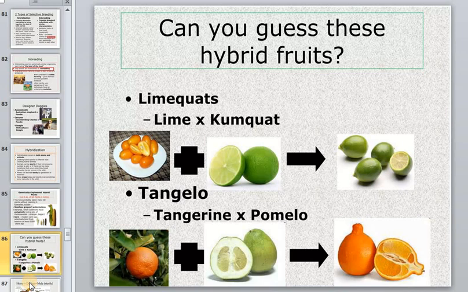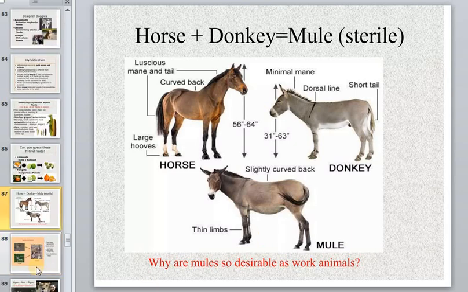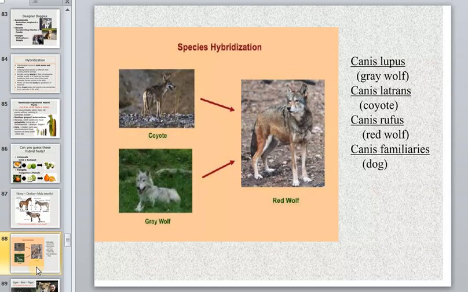And here we see this for animals too: horse plus donkey. It's a mule, but the mule is always sterile. We don't have this kind of animal in general, but like in this case, the red wolf is a natural species hybridization in the wild, a special kind of animal like a hybrid.